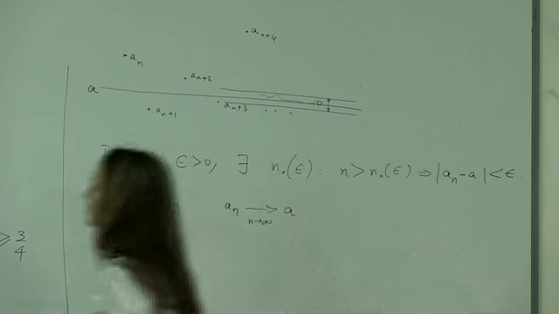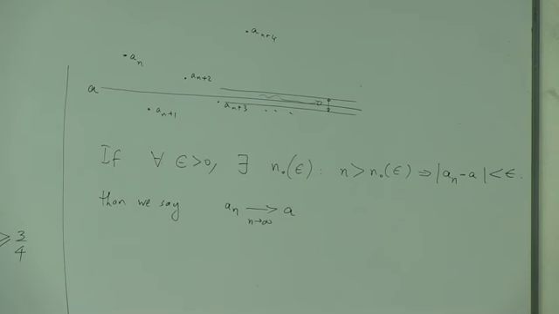What do we do for random numbers? A sequence of random variables. So the last notion that we will define today is the notion of convergence in probability.